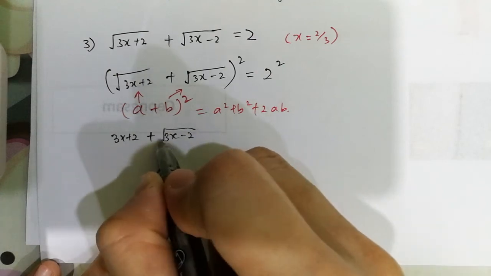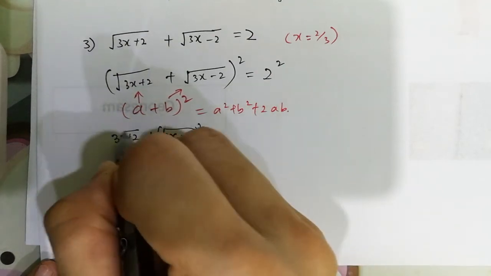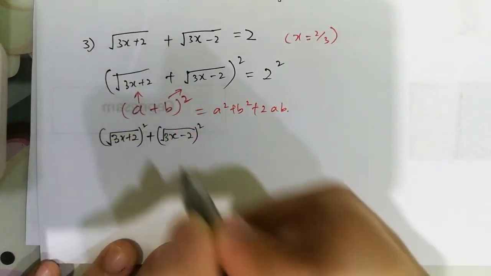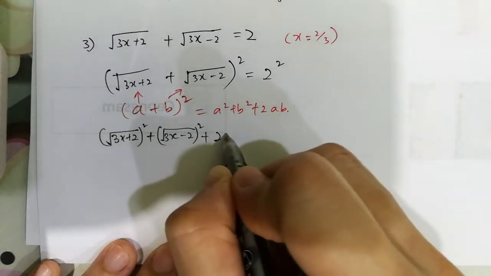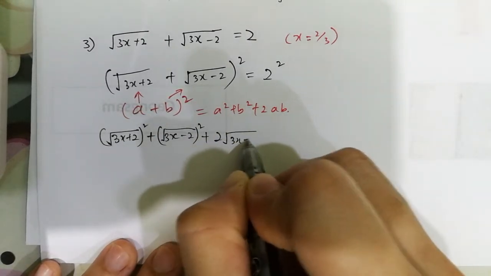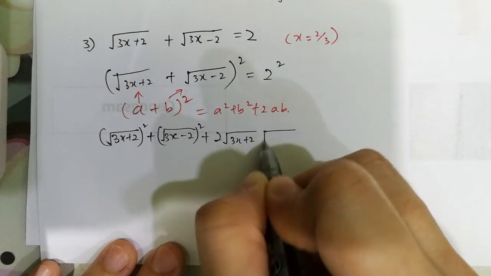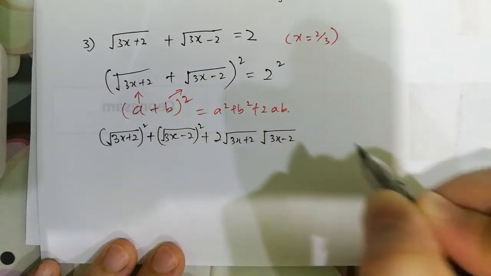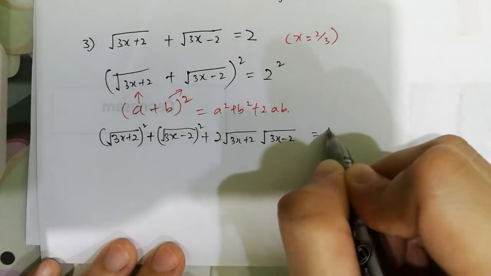This is like that actually. You cancel off. Plus 2ab equals to 4.